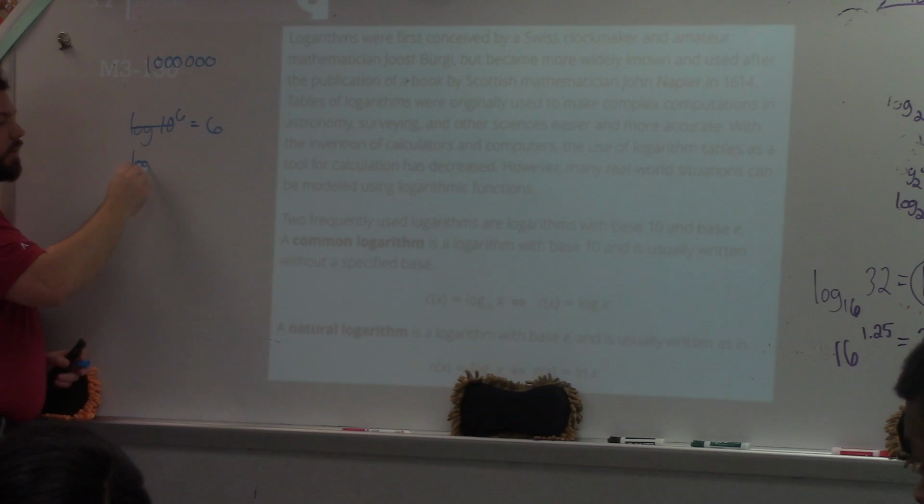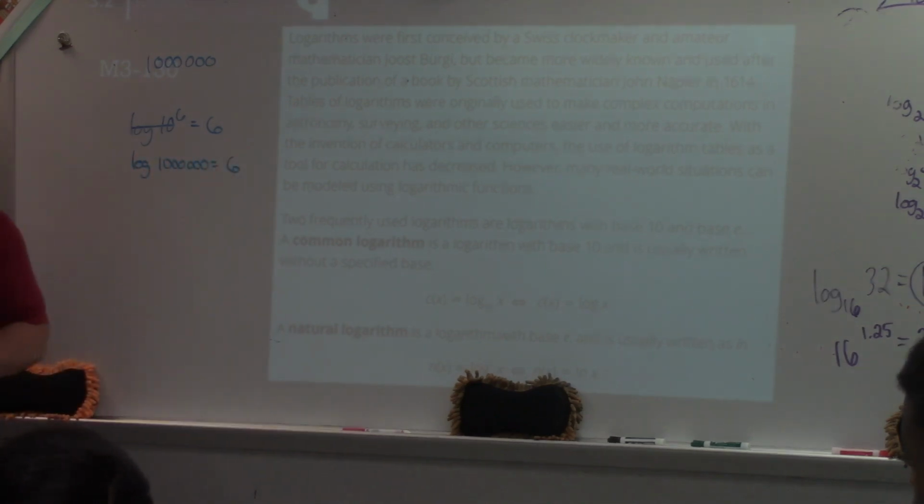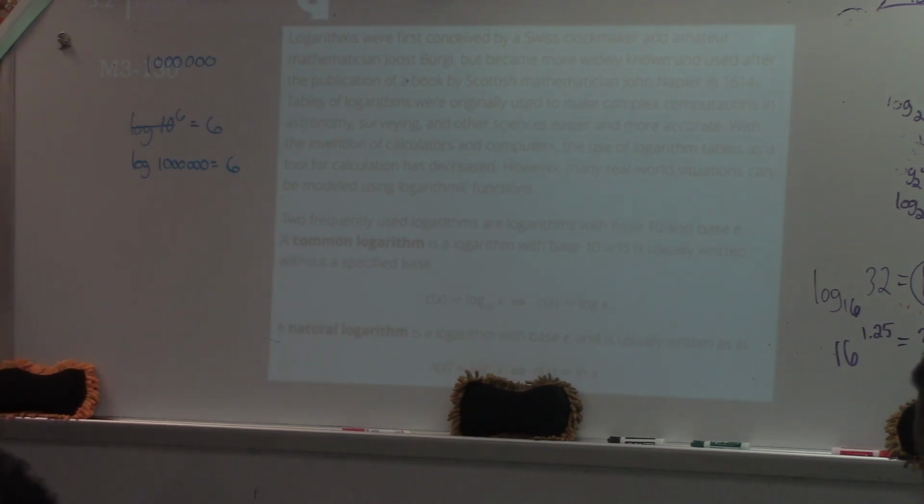So the common log of 1 million is equal to just 6, right? The logarithm and the base 10 cancel out. So that took a really big number and made it really small. And when you're talking about sailing the seas and astronomy, you're talking about thousands and millions of miles. So logarithms were useful there. In fact, they're still useful, we just don't have to do them in the same way. We have calculators to do a lot of the work, okay?